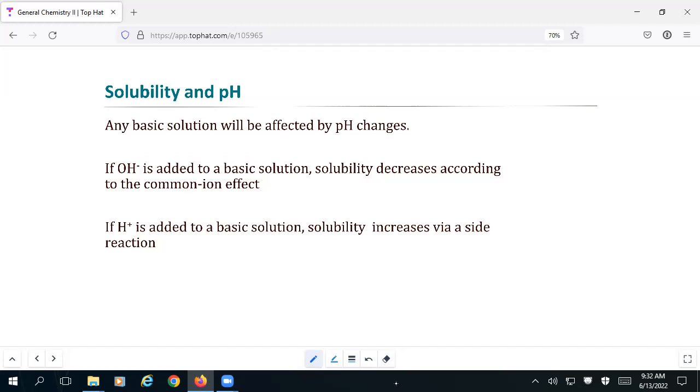If we add hydroxide to that basic solution, we can pretty safely assume that through the common ion effect, we're going to see a decrease in solubility. If we add hydrogen ion to that solution, we're going to see, through a basically competing side reaction, that the solubility will increase.